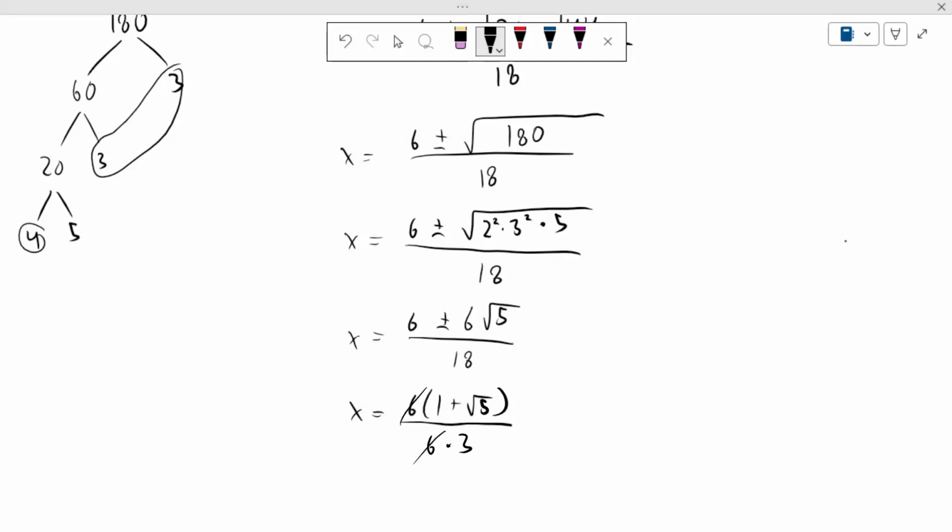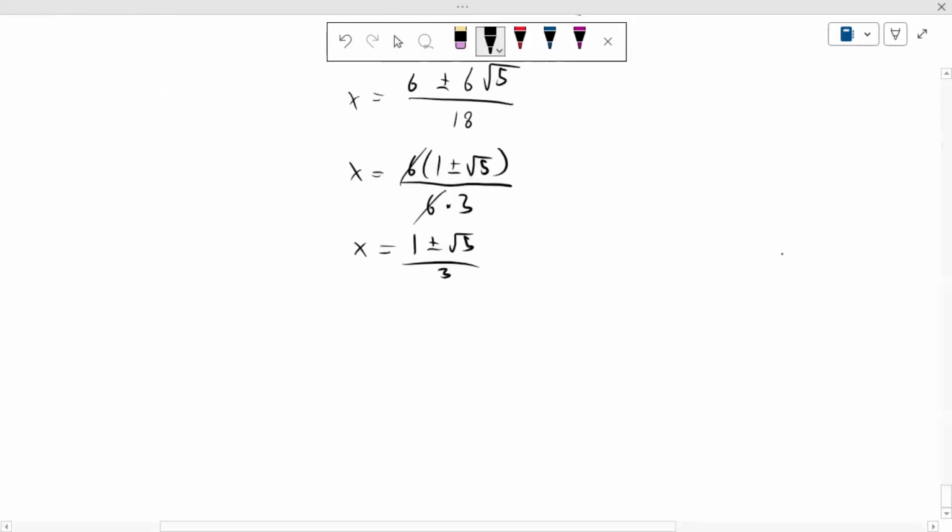So now my 6's cancel off. Oh, I lost my plus or minus there. There we go. So x is equal to 1 plus or minus the square root of 5, divided by 3. So I get 1 plus the square root of 5 over 3 and 1 minus the square root of 5 over 3 as my answers.